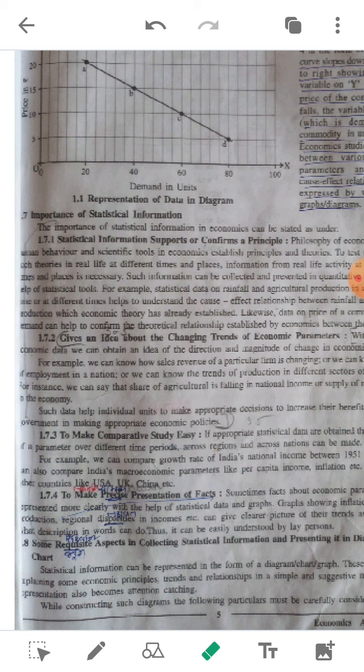This curve slopes downwards from left to right, showing that when the variable on the y-axis, which is the price of the commodity in rupees, falls, the variable on the x-axis, which is demand for the commodity in units, extends.